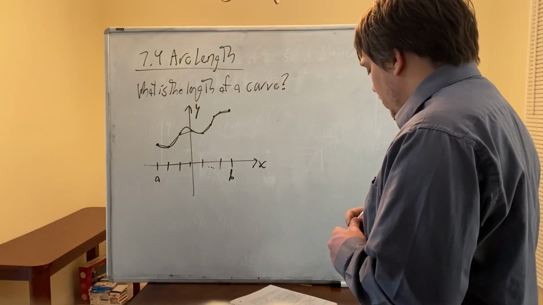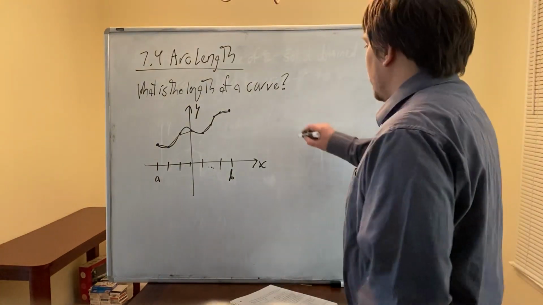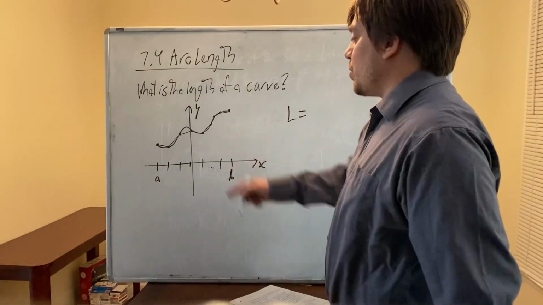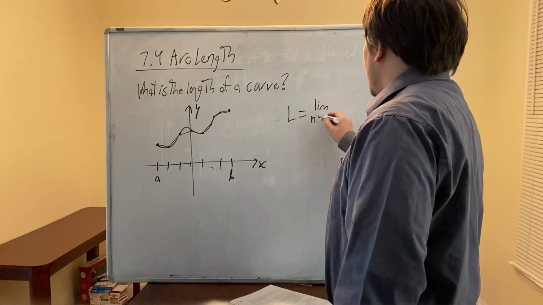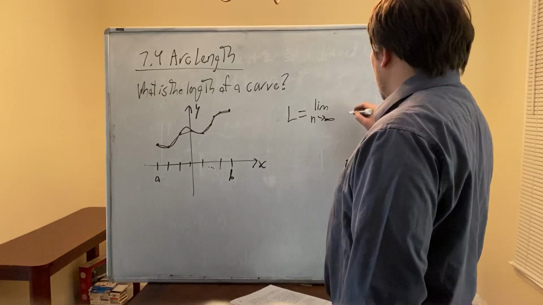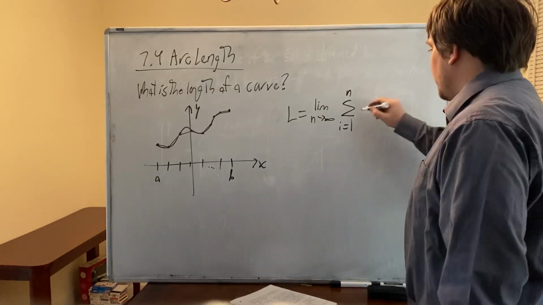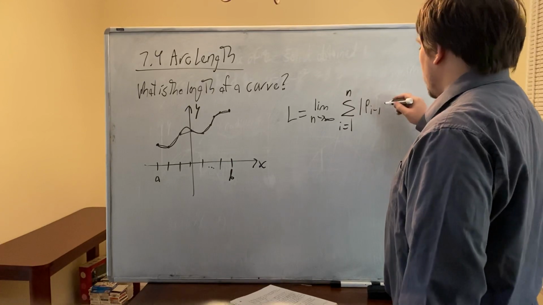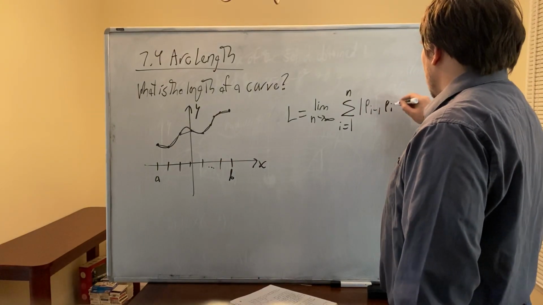Okay? And so here, capital L, which is the actual length of that curve, is going to be equal to the limit as n approaches infinity of the sum from i equals 1 to n of the length of P_{i-1}P_i. And what is that?